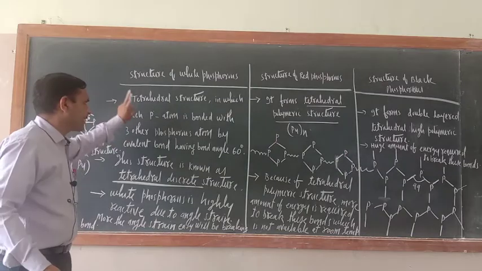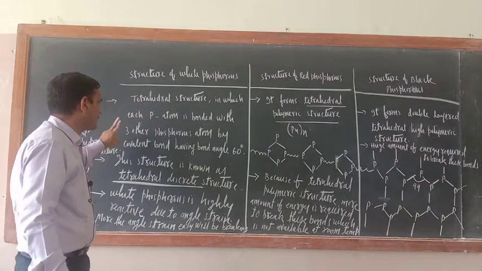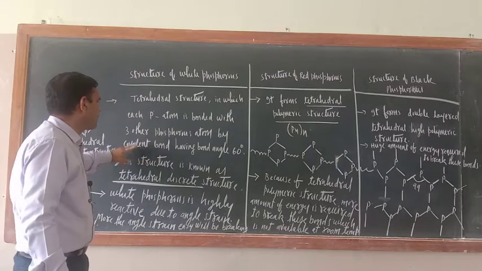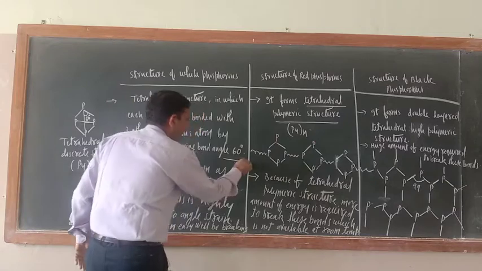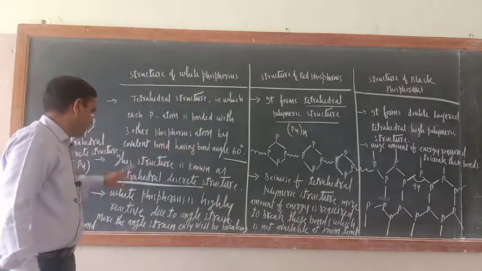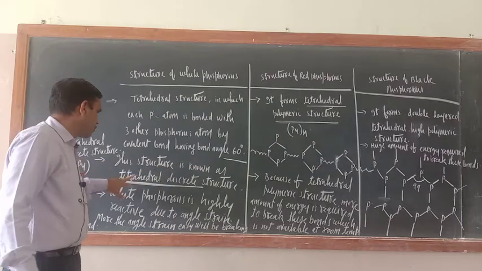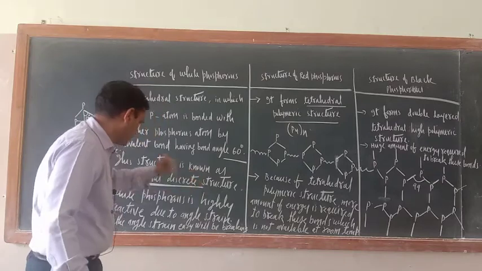So just see, in the tetrahedral structure each phosphorus atom is bonded with 3 other phosphorus atoms by covalent bonds having bond angle 60 degree. This is the most important information. Now just see, this structure is known as tetrahedral discrete. Discrete means separate structure. Okay.